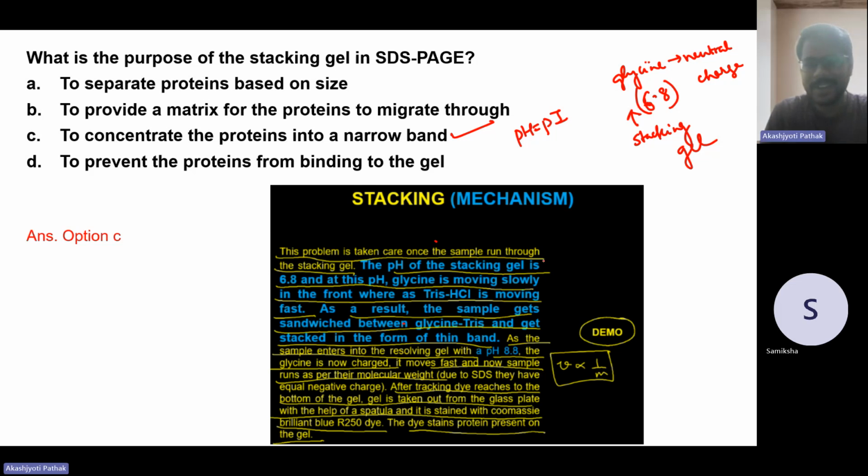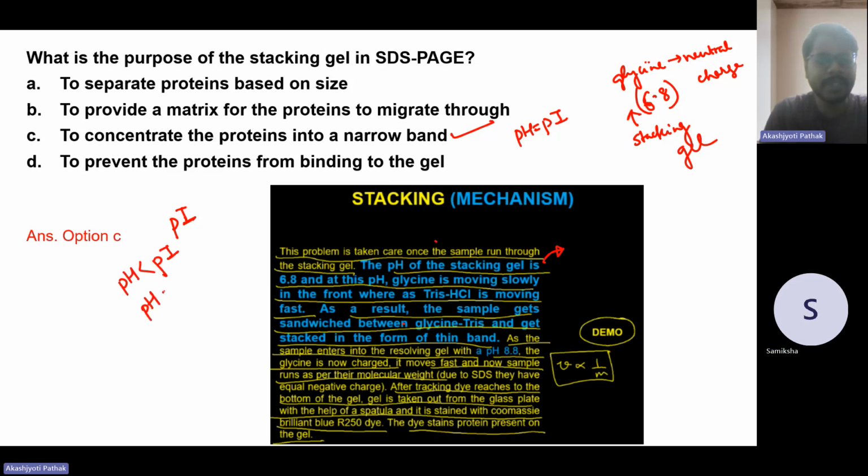So you have to understand the concept of pH and pI. Do you understand the concept of pH and pI? All proteins have a particular pI, right? If you keep the protein in a buffer with a pH less than the pI, what will happen? Here the charge will be positive. It will be positively charged.